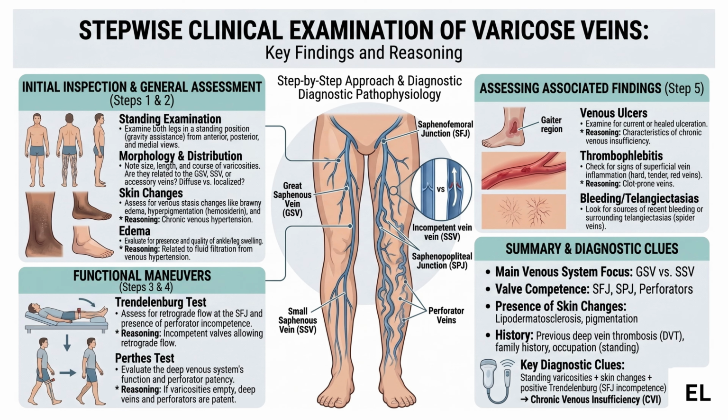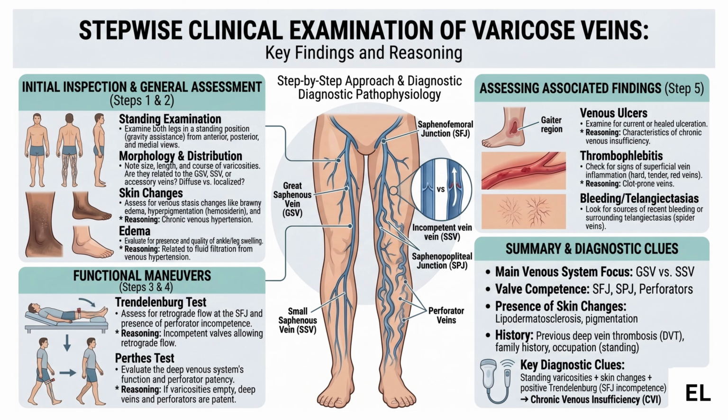A detailed history is equally important and should include prolonged standing occupations, family history, obesity, pregnancy, previous deep vein thrombosis, or prior venous surgery. Combining the clinical findings with bedside functional tests allows the clinician to diagnose chronic venous insufficiency accurately and identify the underlying venous pathology.